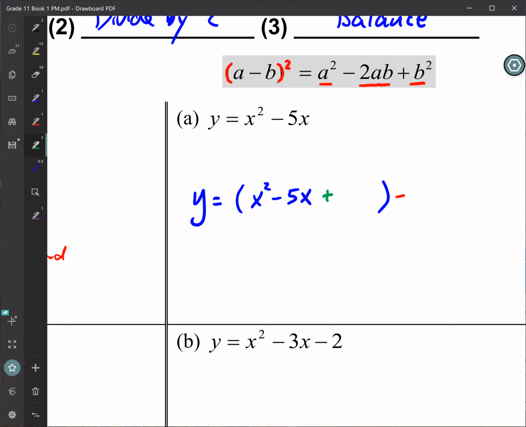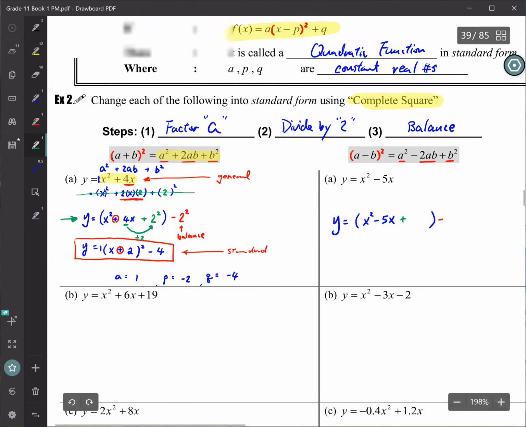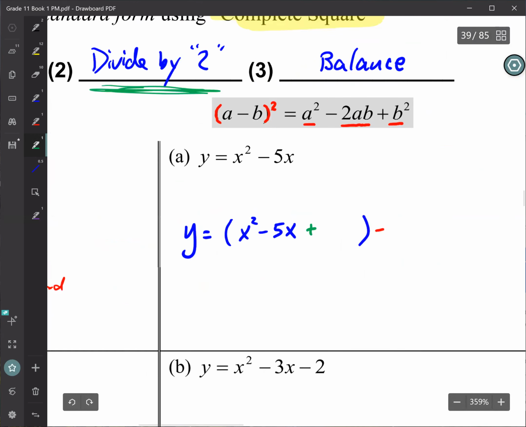You did square root, I think. You need to divide by 2, right? Remember, step 2 is divide by 2. 2.5, yeah, squared. Okay, so that's all you need to do.